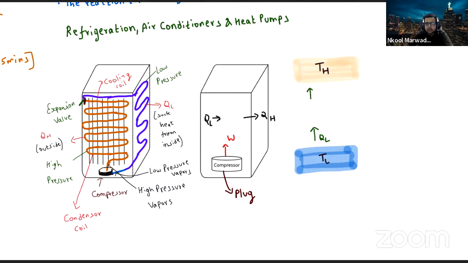And this sucking and throwing out of energy needs work. Work needs to be done. And this is how the system works.